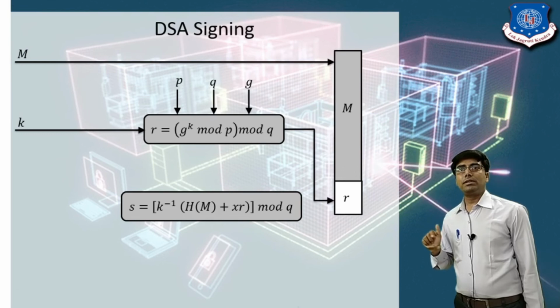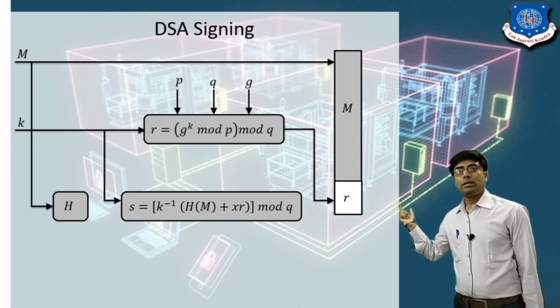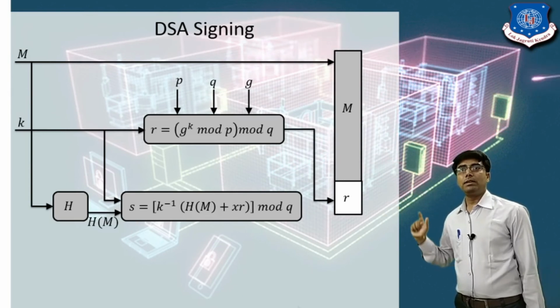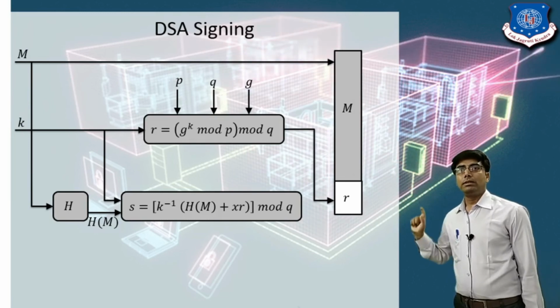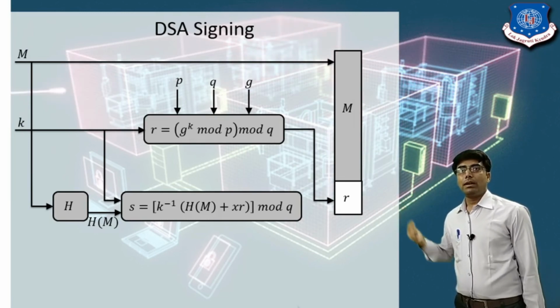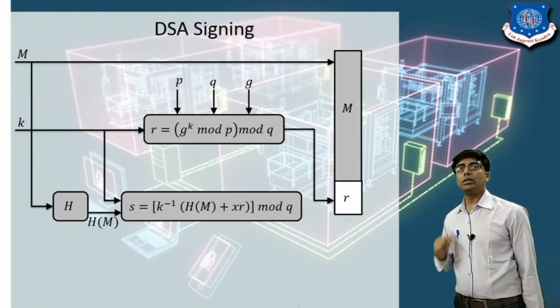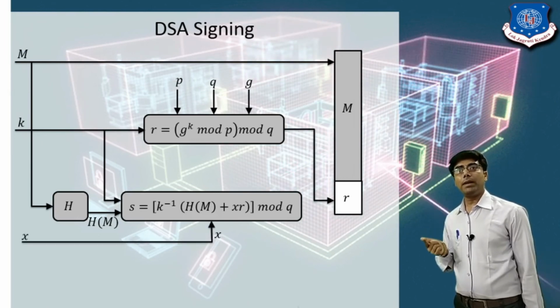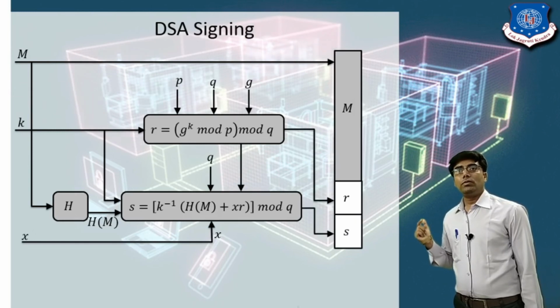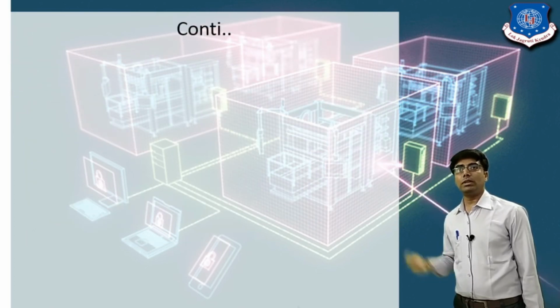Now it generates R. Same thing, K is input to S. That means you have to find K inverse, and the hash function is also input to S. That means if I want to find S, first we have to apply the hash function on the message, then the private key X and R, which represent the signature component, mod Q. Now we input X, and we also input Q, because we are performing mod Q. Now it generates S. So this is all about the sender side.